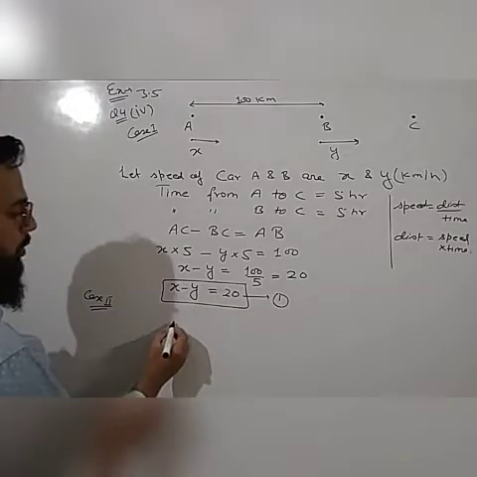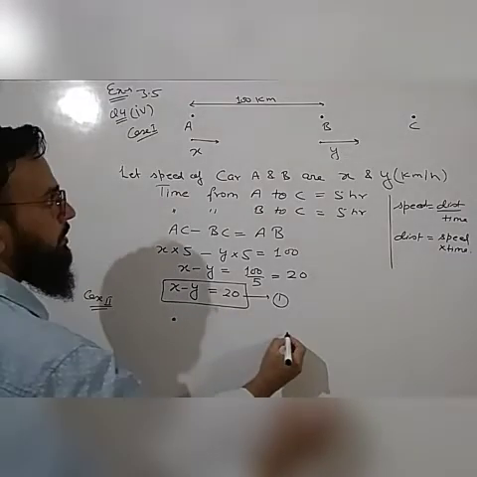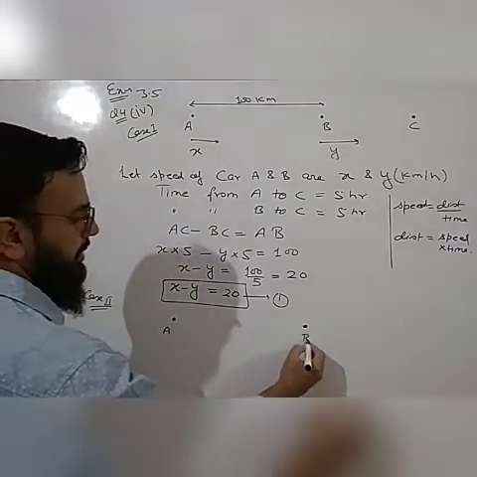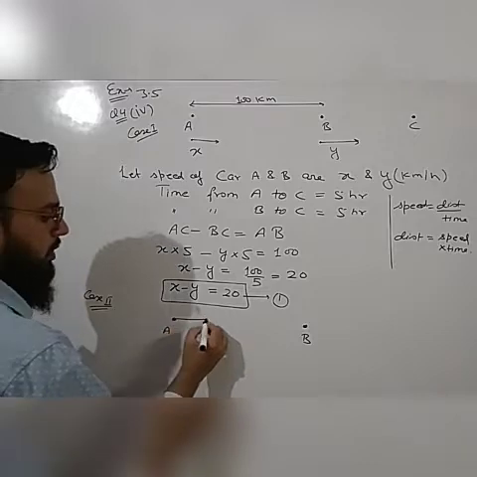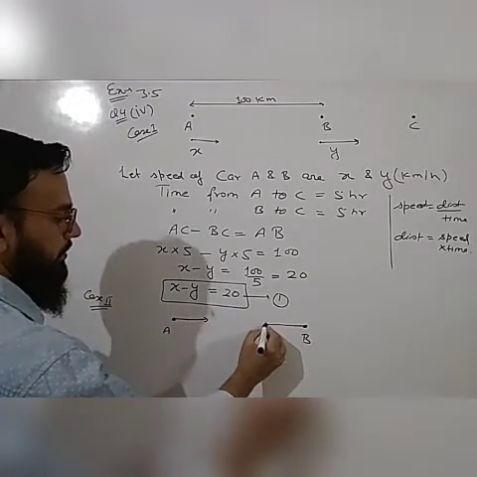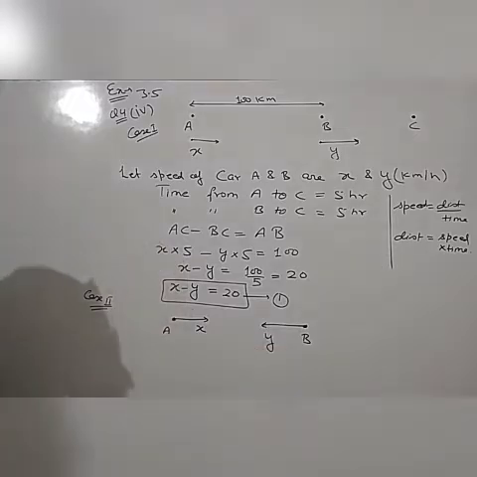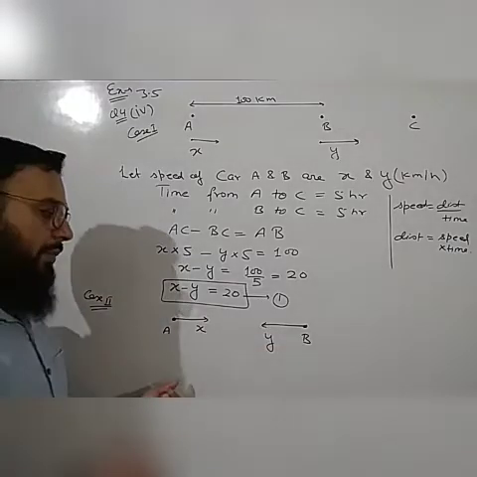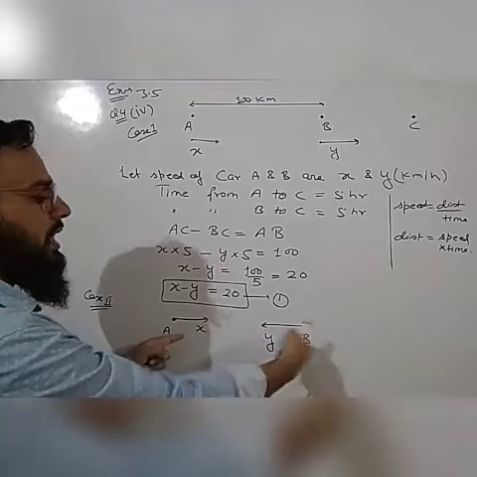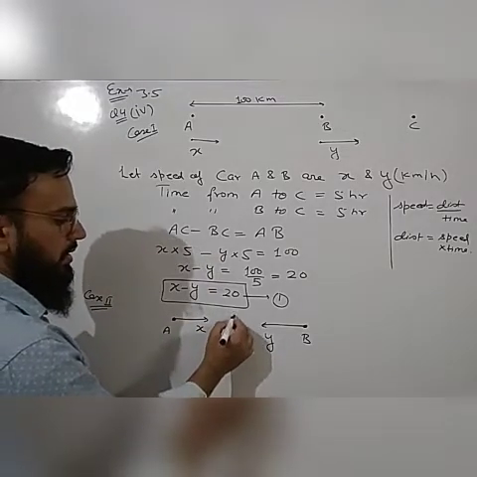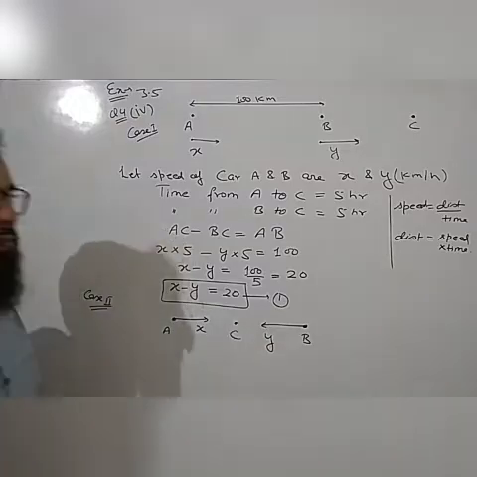Now this is the same road, the same highway, and the places are A and B, but now in this case both are moving towards each other with speed X and Y. Then what will happen? They will meet in between the highway. So let us suppose there is a point C where they both meet.